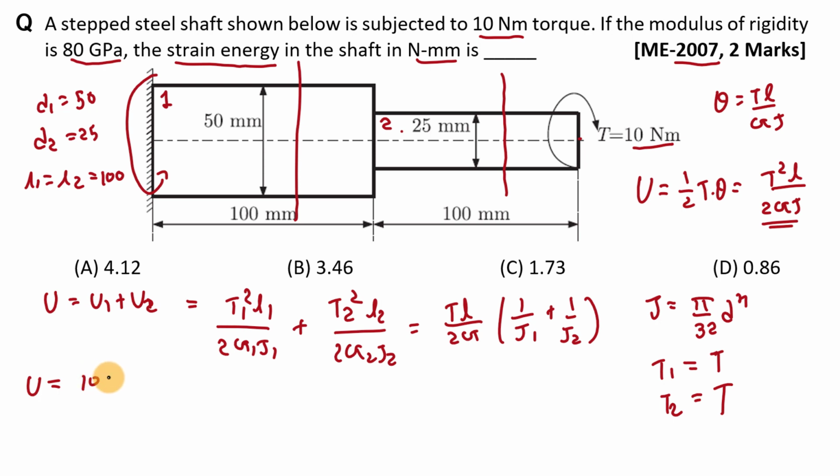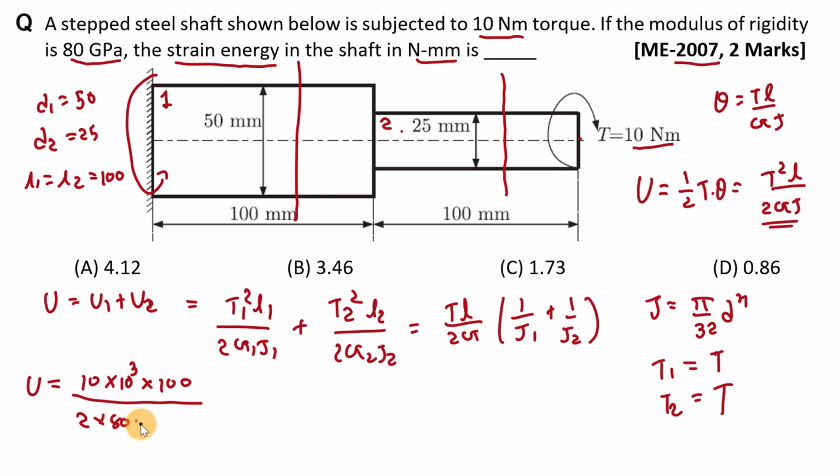So it is 10 into 10 raised to 3 Newton into mm, right? Here we will take twisting moments in Newton into mm. Now length is given as 100 mm. So it is into 100 divided by 2 into this G, which is given as 80 gigapascal. And here we will take this value of G in megapascal, or we can say in Newton per mm square.